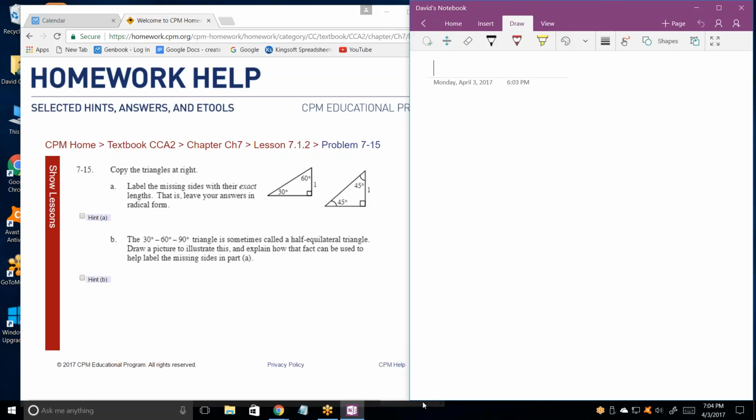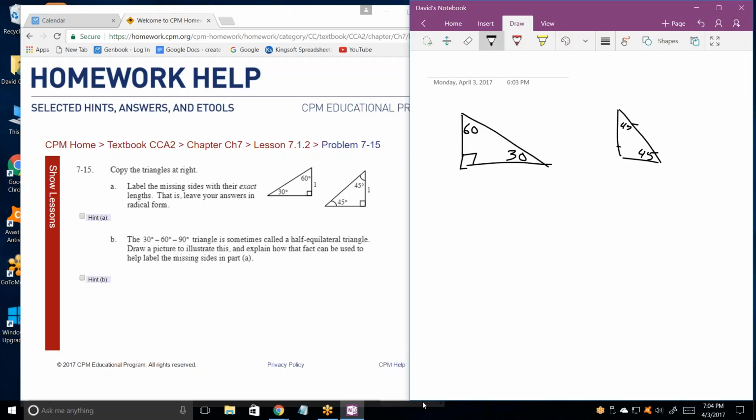And that is the dimensions of these two triangles. They've been teaching you about them for 3 years. And what's vital is to know their dimensions.